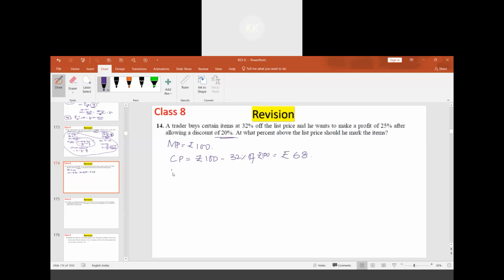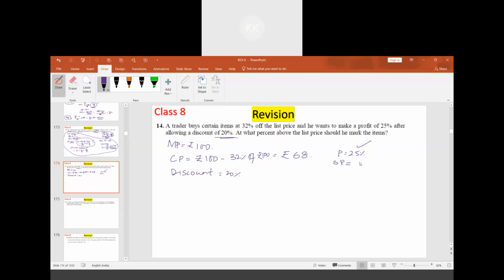Now, as per the given question, he is allowing a discount of 20%. That's what is given in the question. Then what else is given? 25% is the profit percent. So we can calculate the selling price using this profit percent.